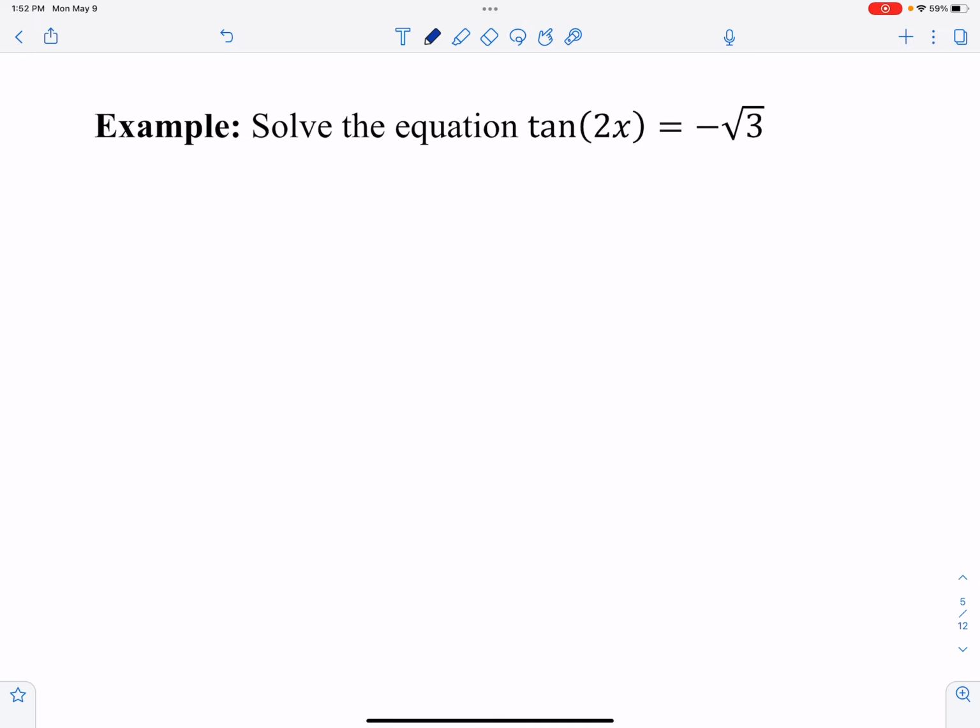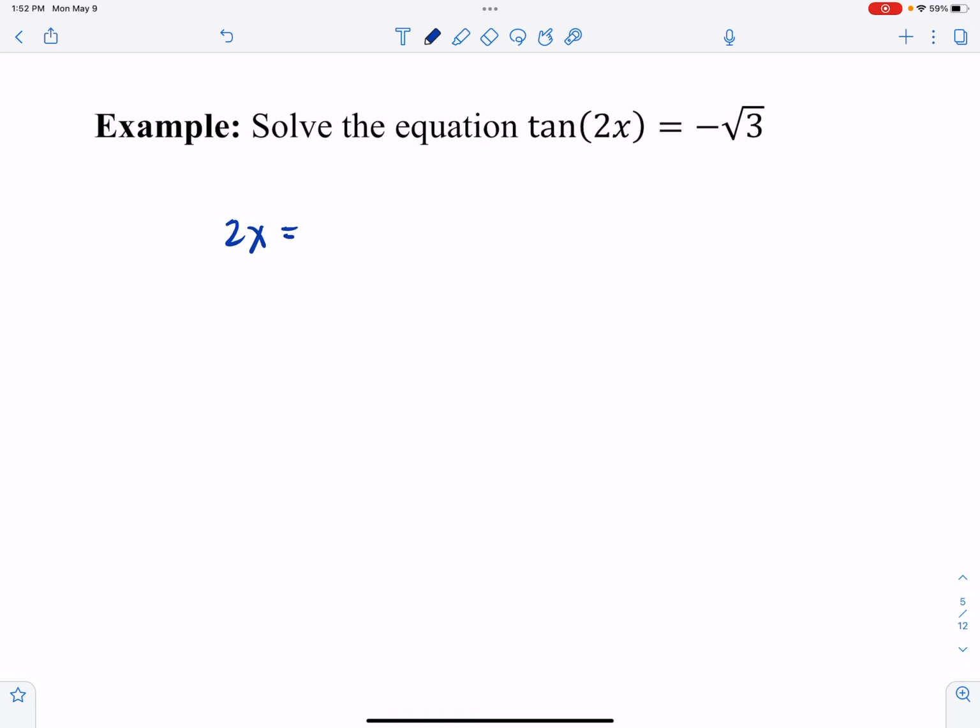Okay, so negative root 3 is a ratio for tangent on the unit circle. Coming up with the general solution set, I'm solving for what 2x would be equal to first. So tangent is negative in quadrant 2 or quadrant 4, so I can come up with a quadrant 2 or quadrant 4 angle where tangent would be equal to negative root 3.